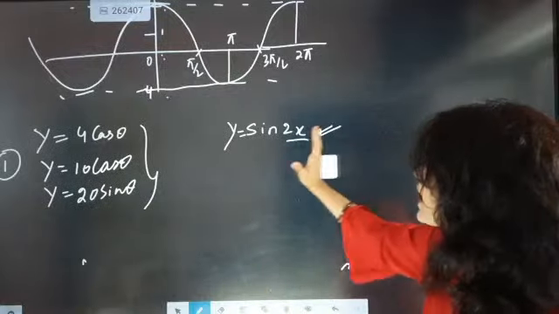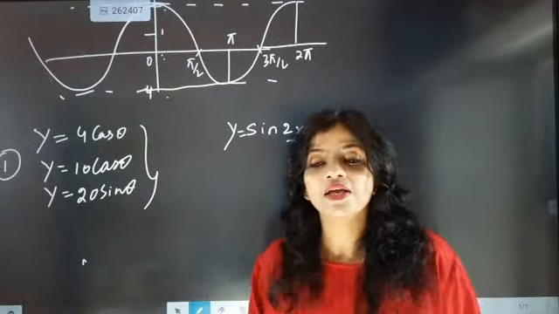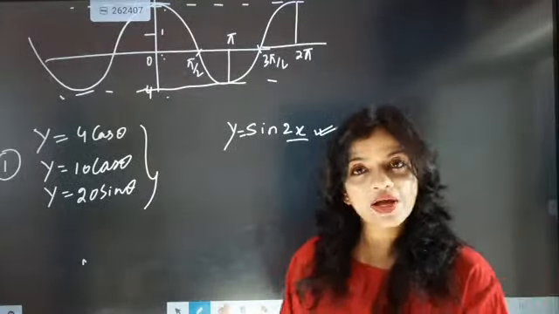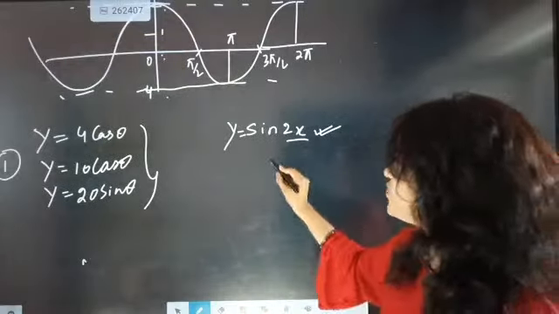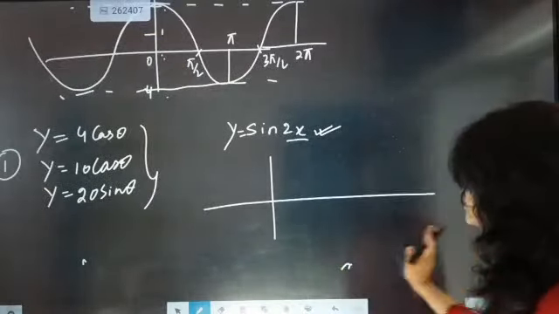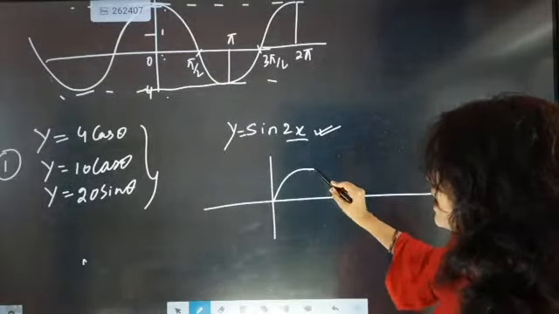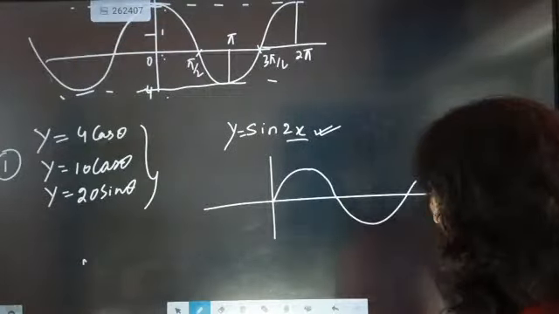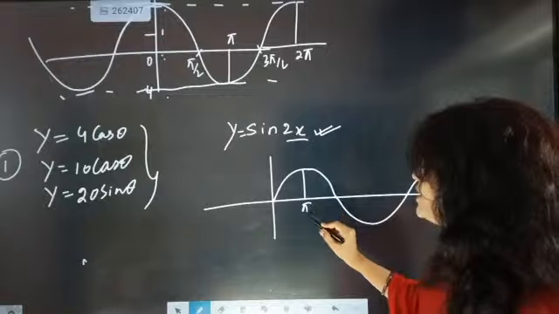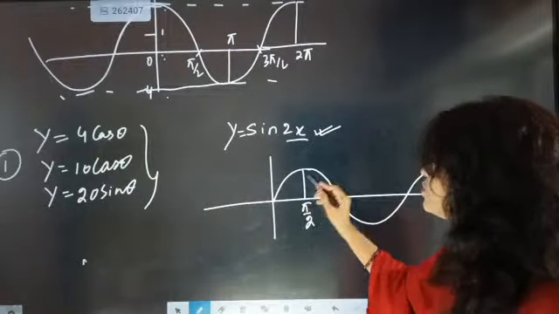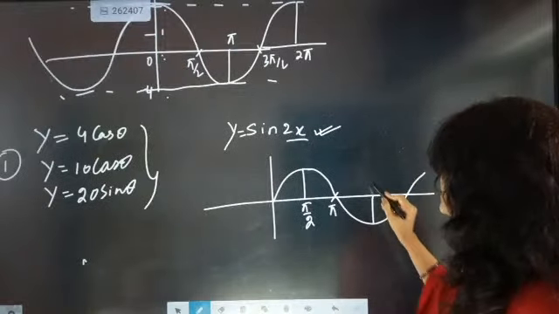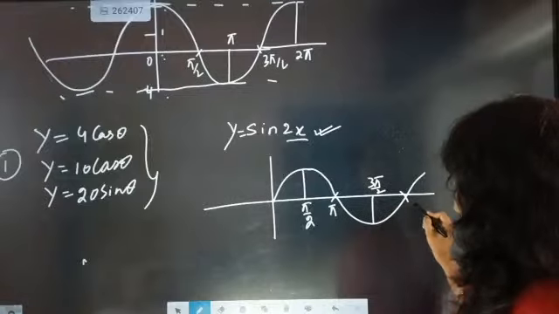So now you will be thinking, will the angle be doubled? If I am writing x, for sin x we are drawing like this: 0 to 90 and then 180, and like this it is coming. Then 3 pi by 2 and then 2 pi.